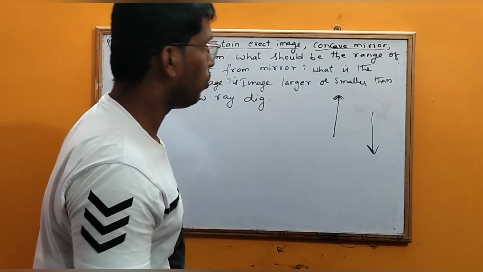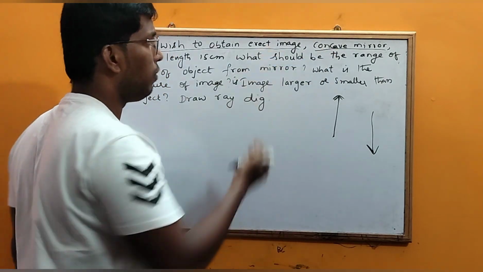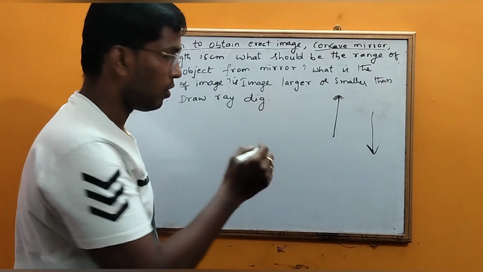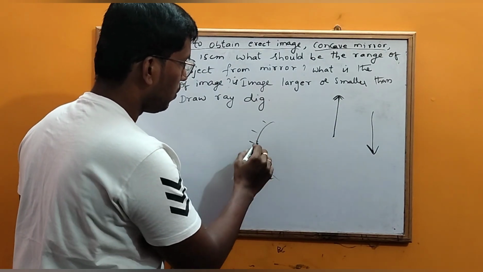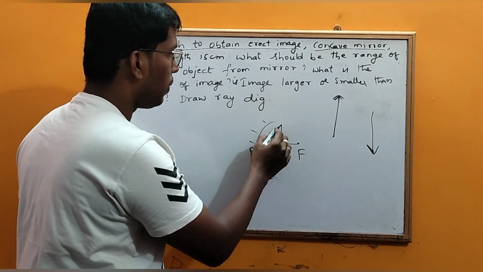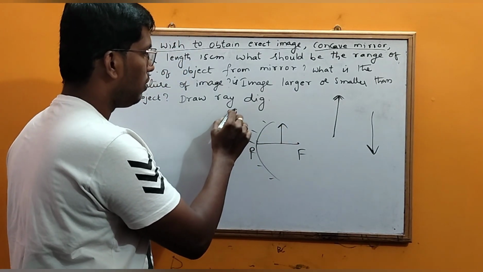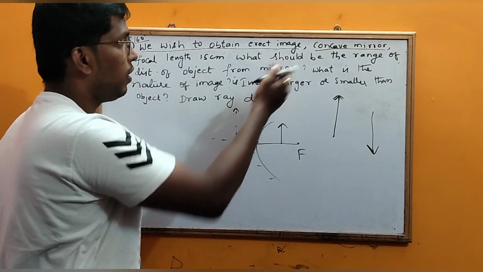That you already know. So the same thing is being asked: using a concave mirror, when do we get the erect image? The condition is when the object is placed between the pole and the focus point. So if you place the object here, you get the erect image. This is the answer.